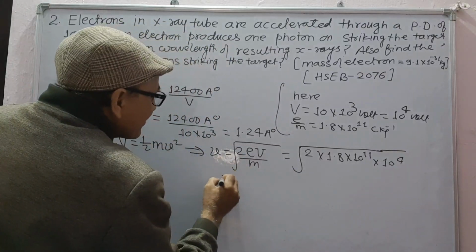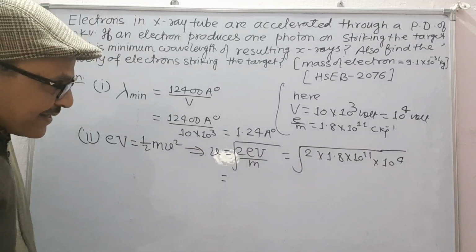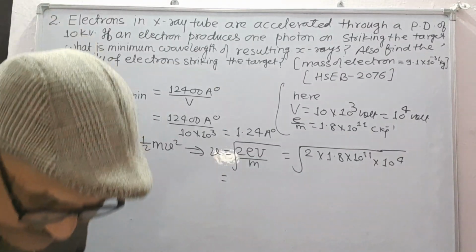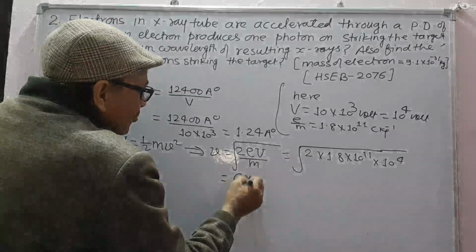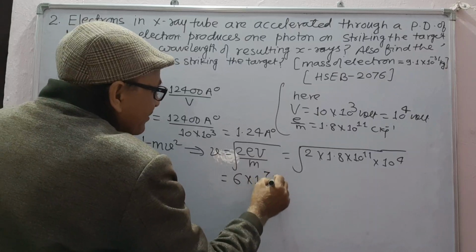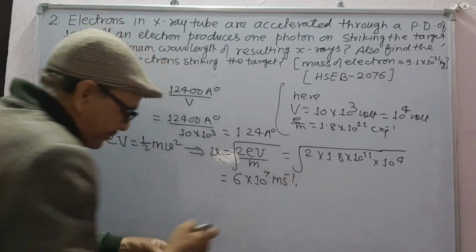So on simplification, we get it as 6 into 10 to power 7 meter per second.